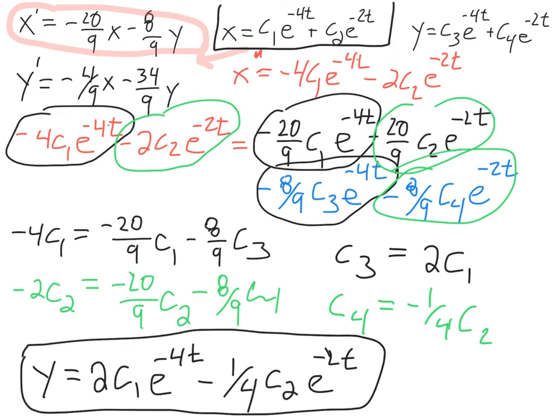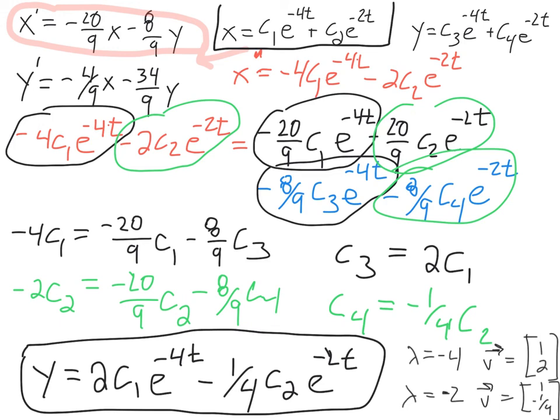So this eigenvalue lambda equal to minus 4 has an eigenvector which is 1, 2. And this other eigenvalue, minus 2, has an eigenvector which is 1, minus 1/4. So the connection between these coefficients, if you've seen some of this in linear algebra, is related to finding the eigenvectors.